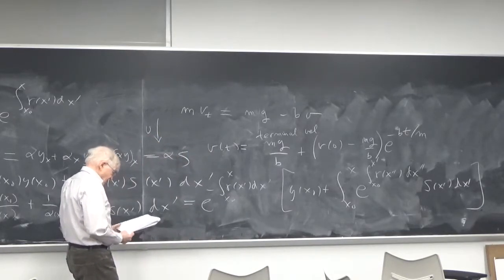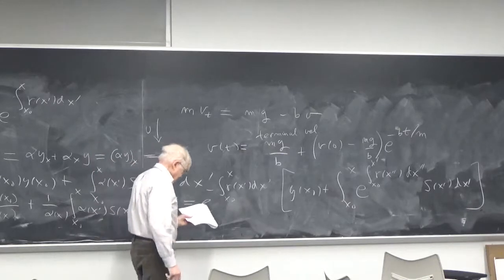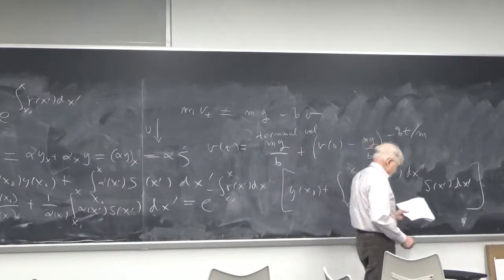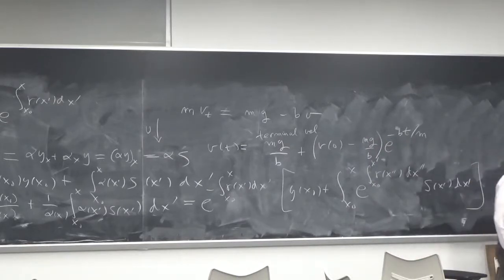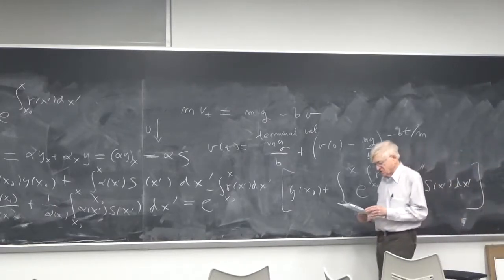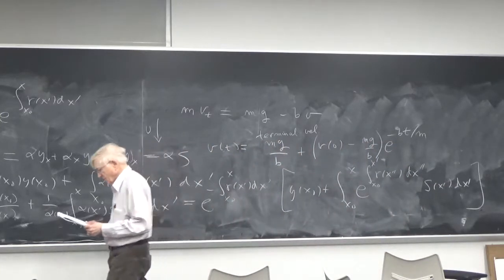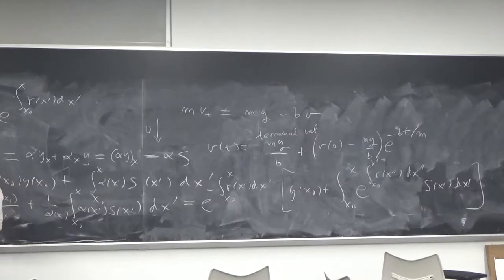And for a man falling, the terminal velocity is 200 kilometers per hour. On the other hand, a peregrine falcon diving can reach or exceed 320 kilometers per hour, as can a falling bullet.